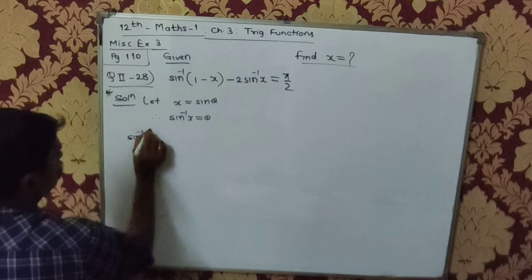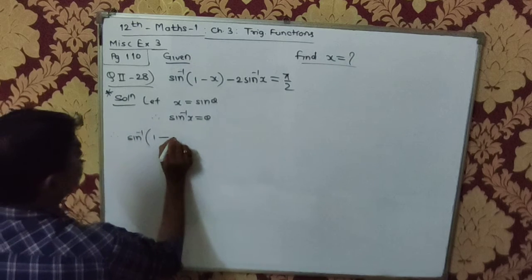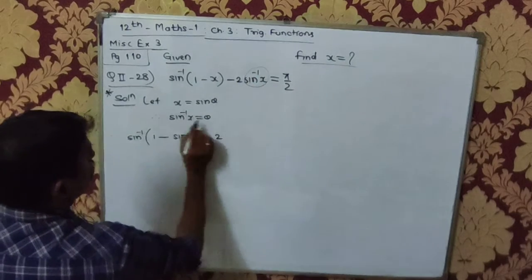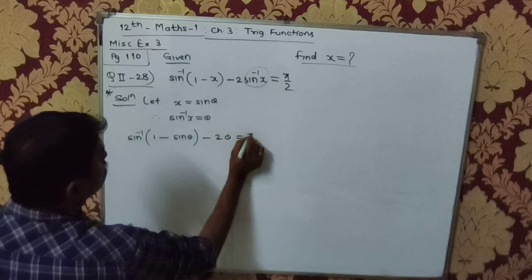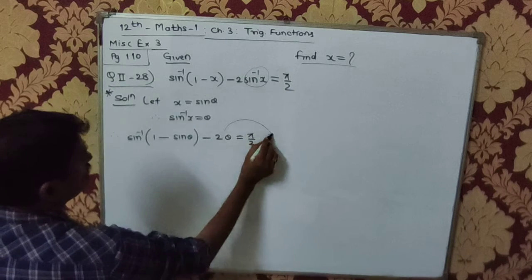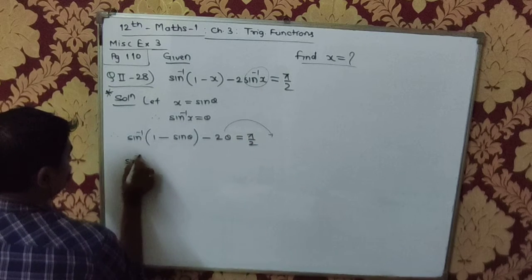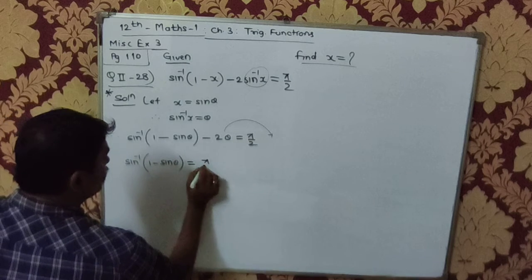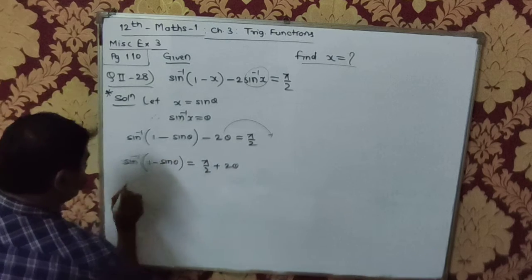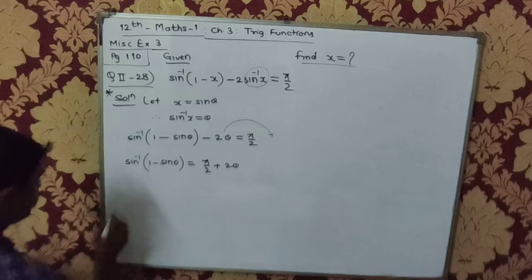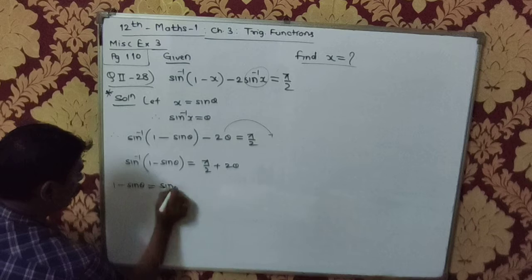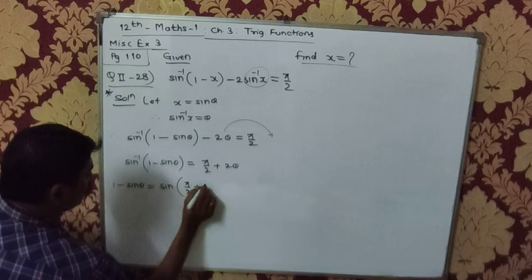Sin inverse of 1 minus x, but x is sin theta, minus 2 times sin inverse of x, which is theta, is equal to pi by 2. This minus 2 theta goes to the other side. So sin inverse of (1 minus sin theta) is equal to pi by 2 plus 2 theta. Sin inverse goes over there. So 1 minus sin theta is equal to sin of (pi by 2 plus 2 theta).